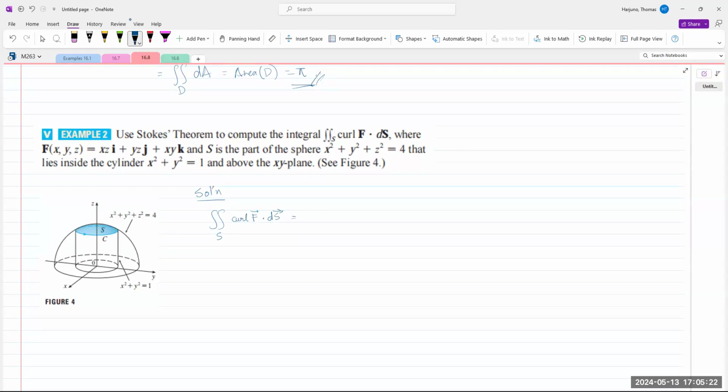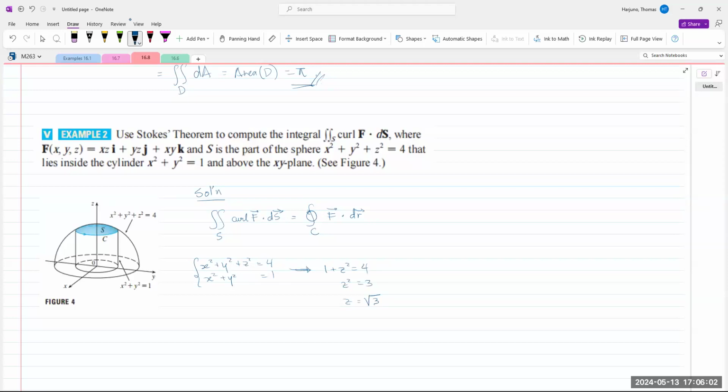We know that equals the integral over the closed curve, the boundary of S, of F dot dr. We can see that the intersection between x squared plus y squared plus z squared equals 4 and x squared plus y squared equals 1 gives us 1 plus z squared equals 4, z squared equals 3, z equals radical 3.